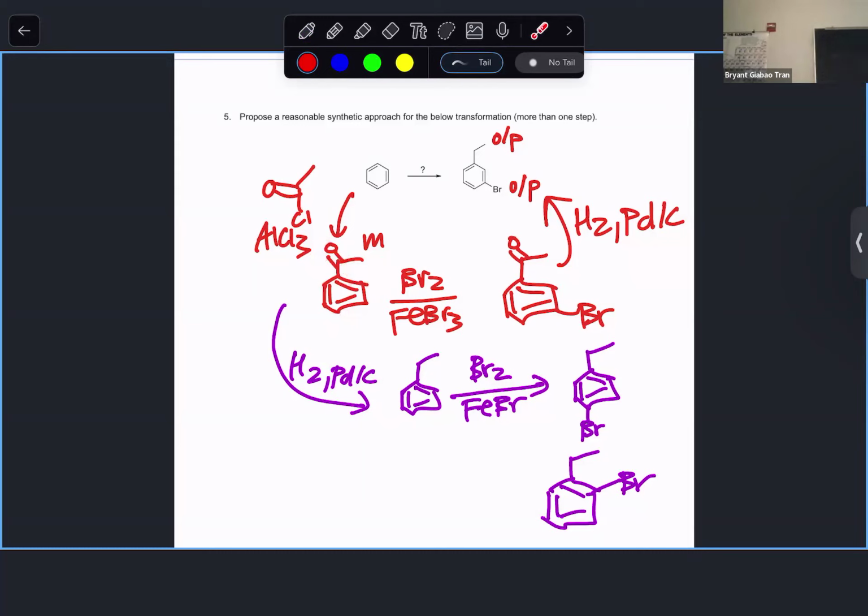That makes the meta positions here, even though there's no charge, the best nucleophiles because neutral charges are better nucleophiles than positive charges, right? So that's why if we do a reaction like bromination, chlorination, nitration, the electrophile will attach to the best nucleophile, the meta position, which is why EWGs are meta directors. It directs the electrophile to the meta position. In this case, this is an EDG, which is an ortho para director because it adds negative charges to the ortho and para positions. It directs the electrophile to the ortho and para positions, right? But we didn't want that, so that's why we wanted to do this reaction from the EWG first instead.